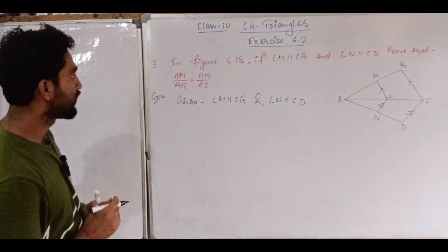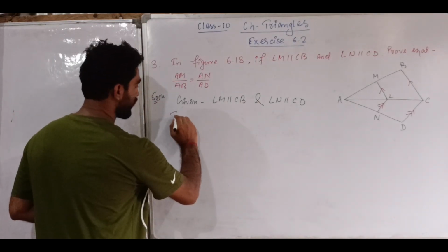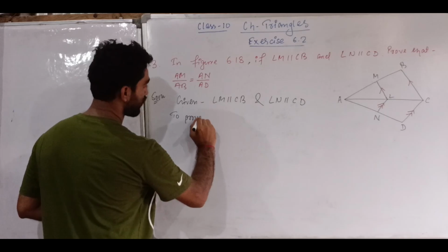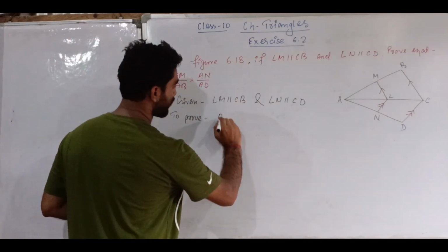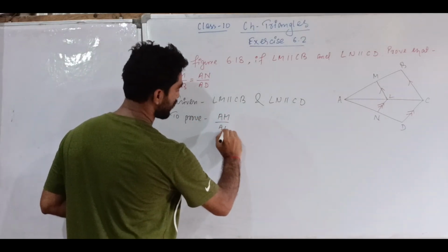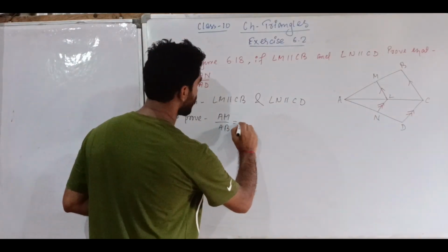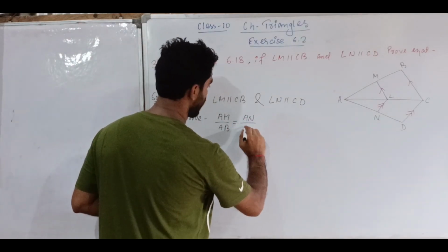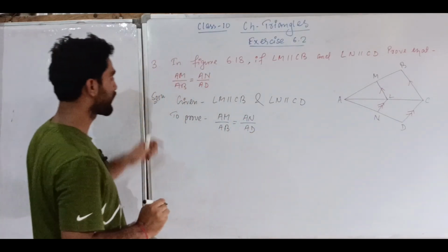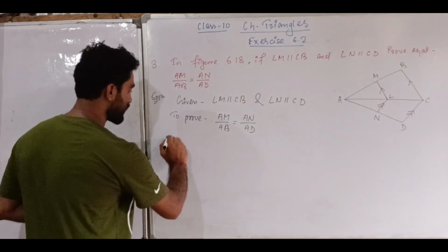Then after given, to prove. So what we have to prove? We have to prove AM divided by AB is equal to AN divided by AD. So given, to prove. Next step is proof.